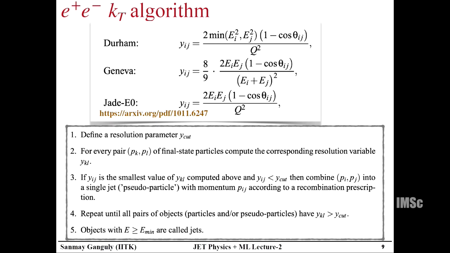Then again start fresh and keep combining, as long as Yij is less than the Y-cut threshold, and see when the algorithm converges. Finally, when the algorithm can't run anymore because every Yij is greater than Y-cut, you say, I'm done with my combination of the particles, and whatever I'm left with now, that's what I will call jets. Okay, this is how it works.